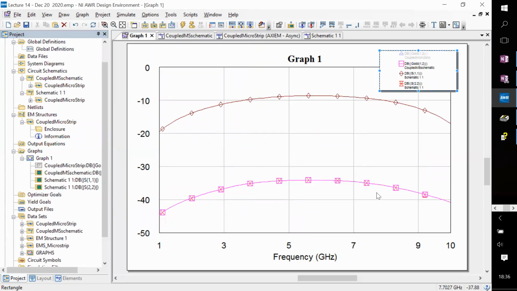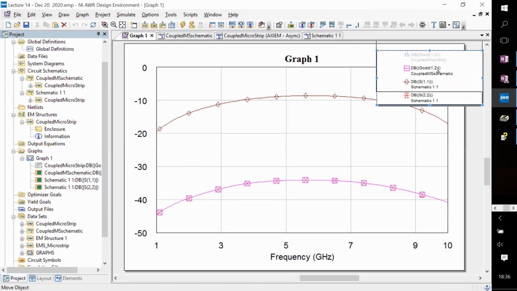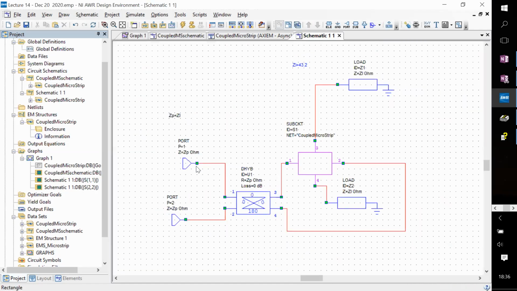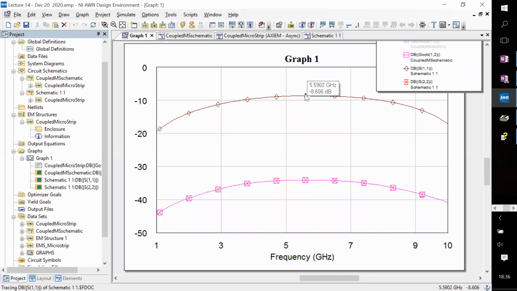So now look very carefully. The brown one is S11, which, remember, is port 1, which is the even mode excitation. And that is high.